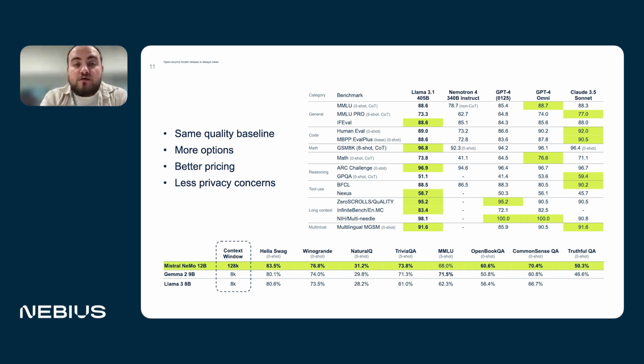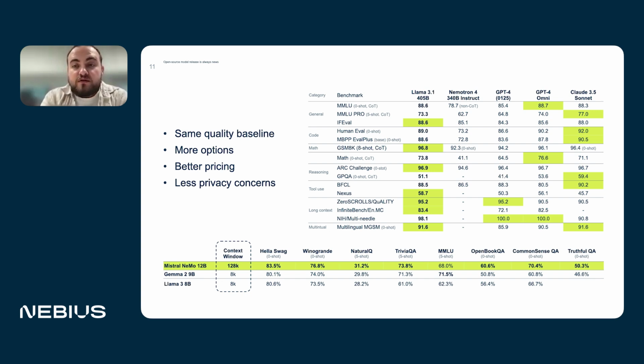First of all, right now, open source models have the same quality baseline. So when they are just released, they get the same scores on the most popular benchmarks. Here you see the scores of Llama 4.5b when it was released. Also, we're talking about smaller models, and they have their own use cases. They also beat quite a lot of benchmarks.